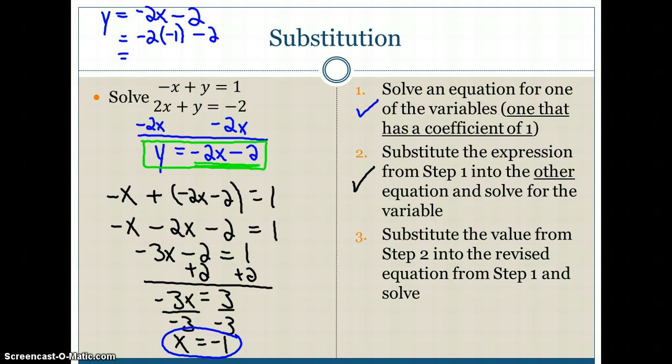So that's positive 2 minus 2. We end up with y is equal to 0. So our solution is negative 1, comma 0. So we've completed all 3 steps. We got our ordered pair solution to a system. This is a very good example. Make sure you have it down and continue to refer back to it. There's a lot of good stuff in this problem.